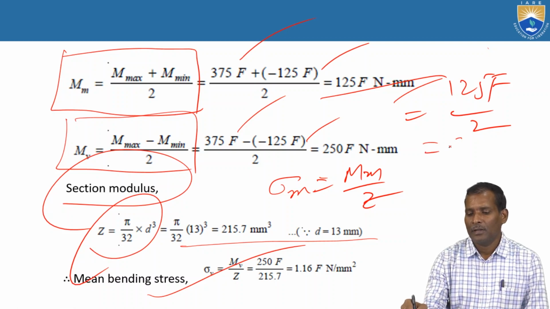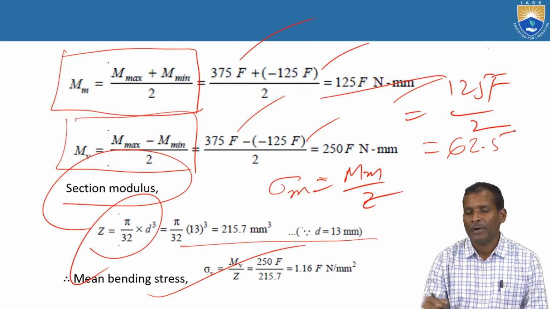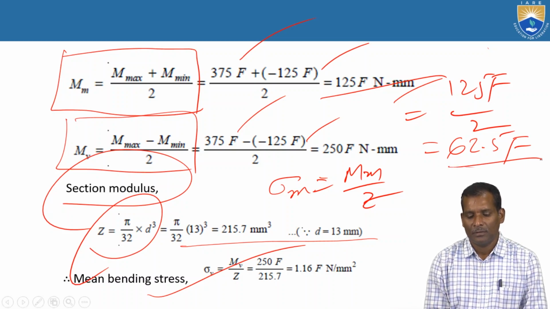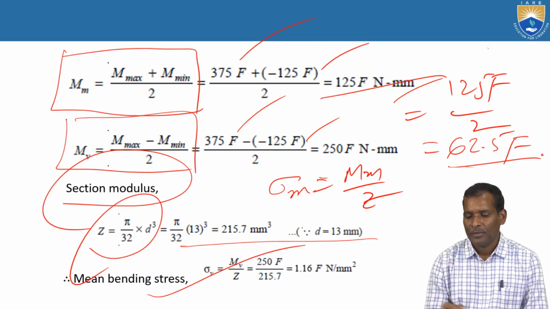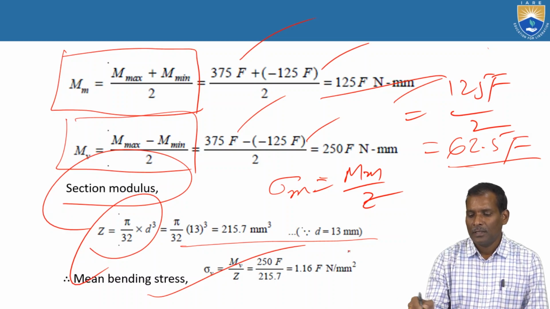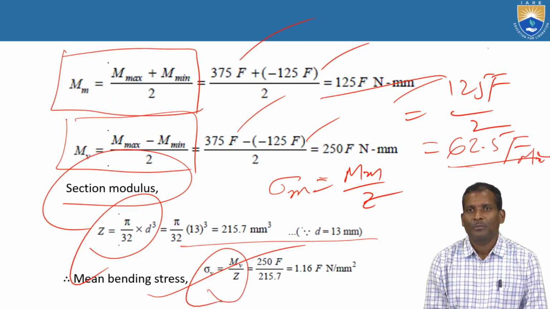So here, 62.5F means the mean bending stress in Newton per mm square. Similarly, variable bending load, variable bending stress.